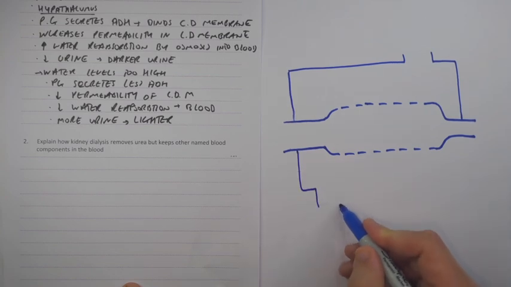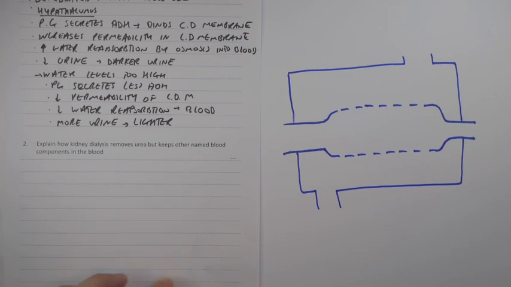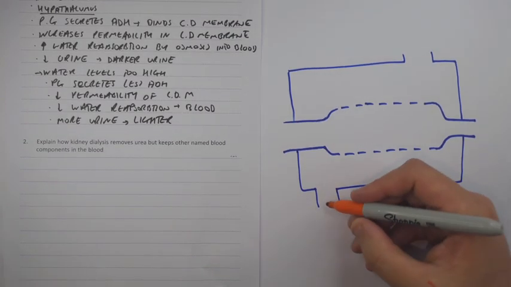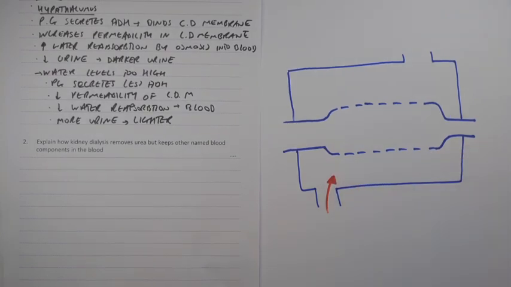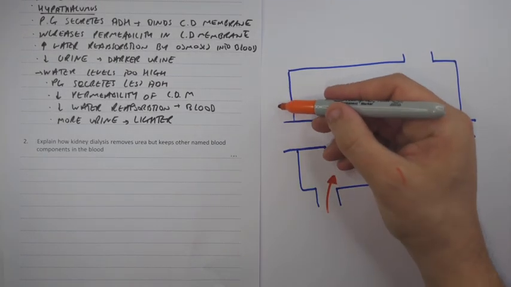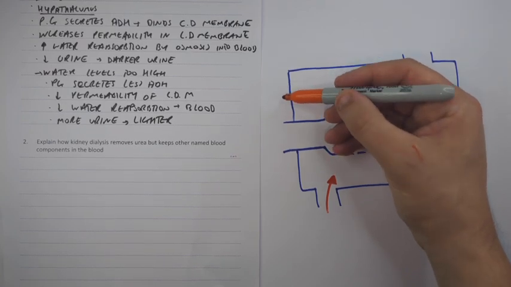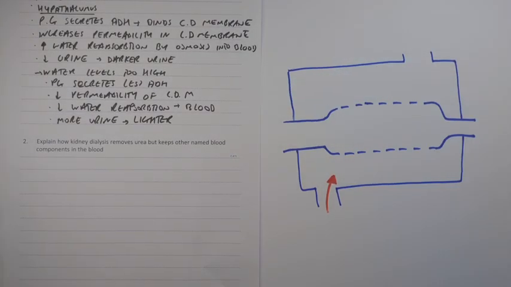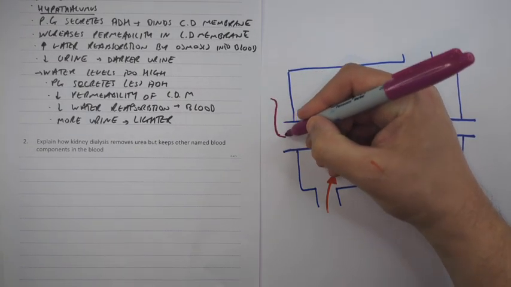Kidney dialysis fluid is transported into the machine. The patient is hooked up to this machine, and the patient's blood leaves their body and enters the machine here.